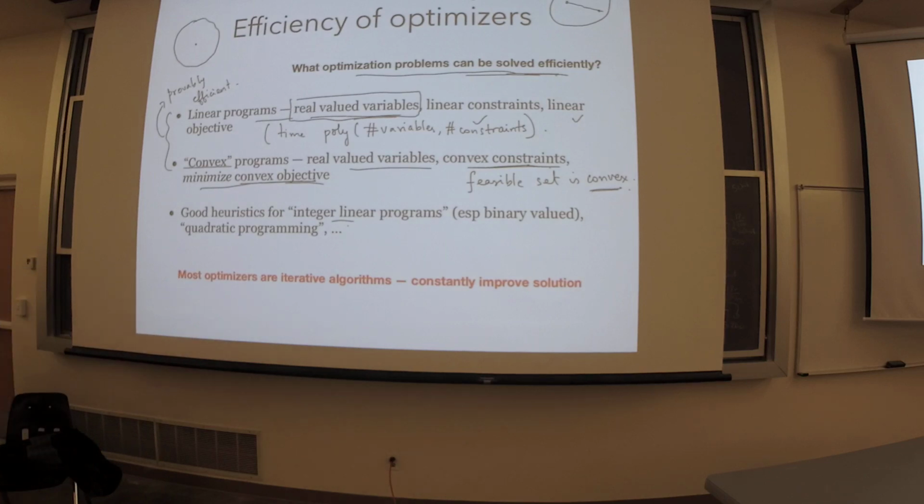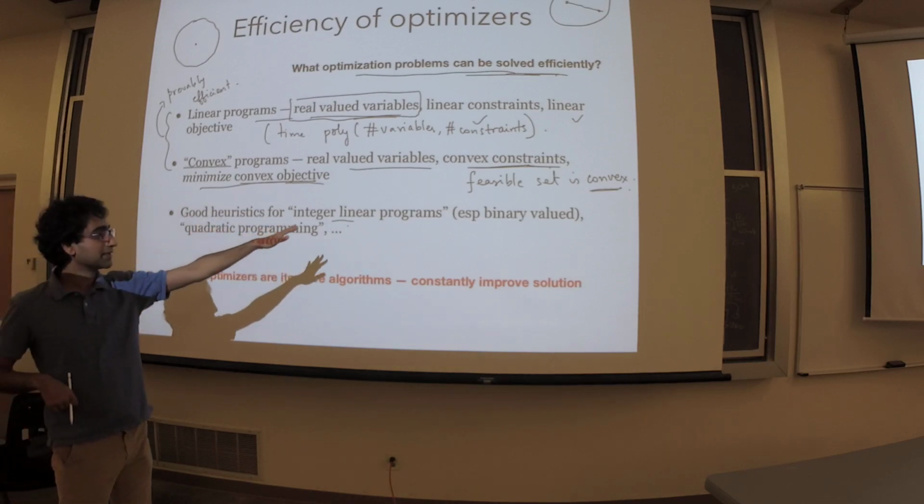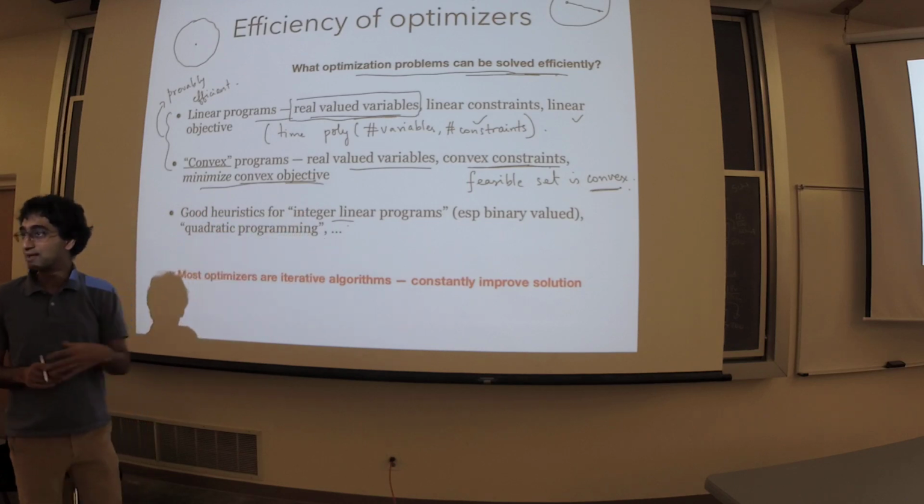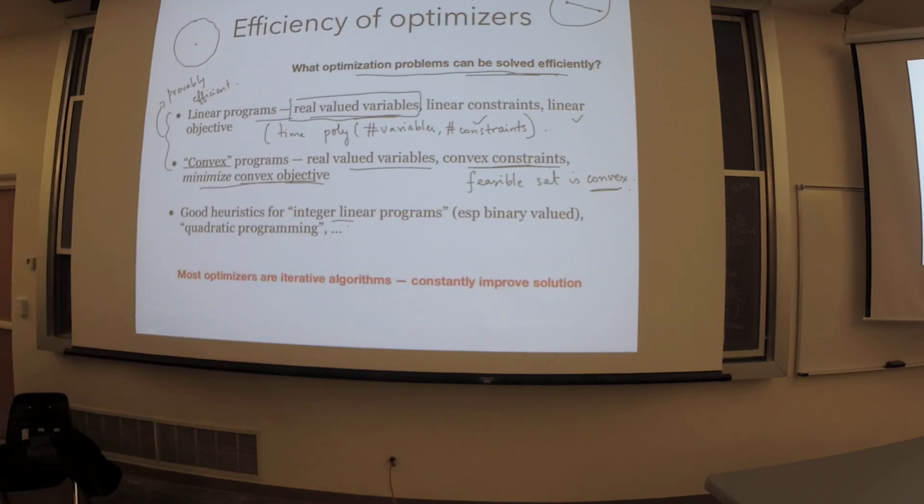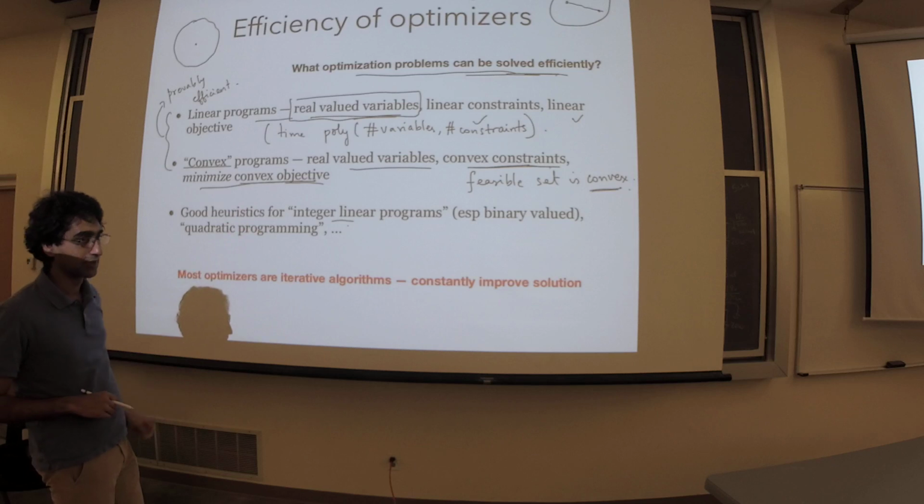So here, this is actually an NP-hard problem in general, so you can't have provably efficient algorithms, or at least we don't believe that, but there's still pretty good heuristics for these. Okay, so there are ILP solvers that you can download and plug values into, and they will work for reasonably large values. In fact, people in NLP and so on often assume that ILPs are easy. So, yeah, but again, in the worst case, they can be very difficult.